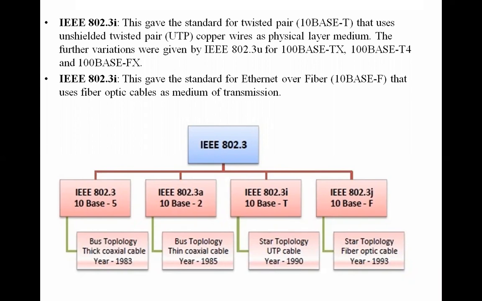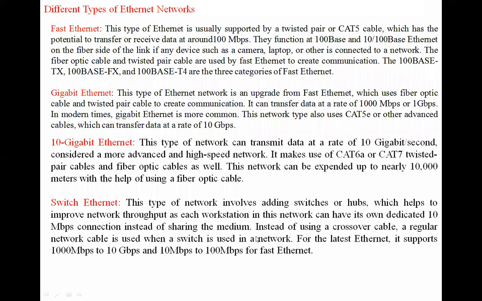Similarly, for upgradation, the same star topology started using fiber optic cables in the year 1993. So these are some of the versions of Ethernet for IEEE 802.3. Which are the different types of Ethernets?